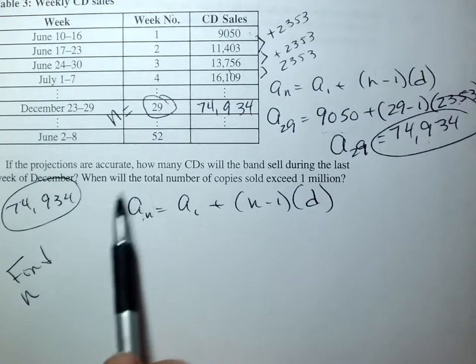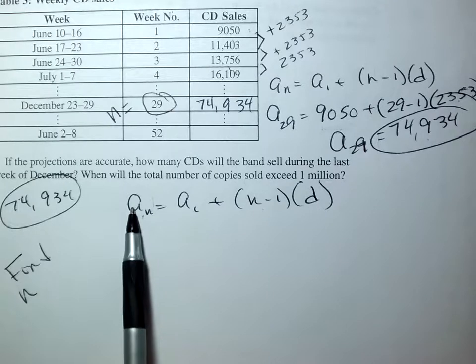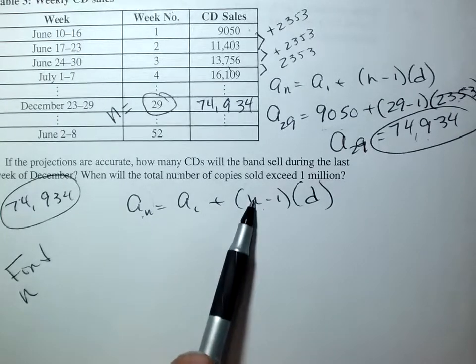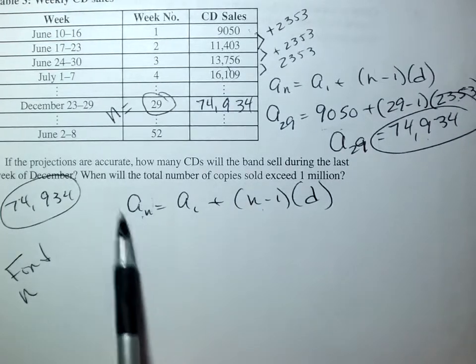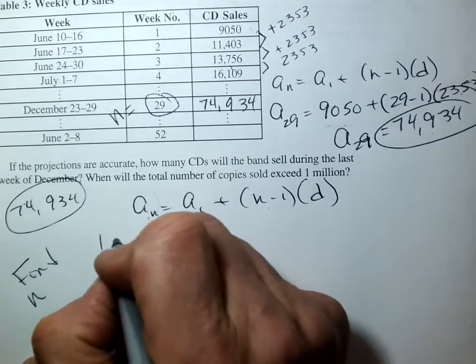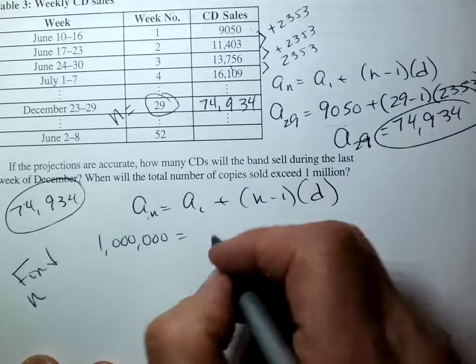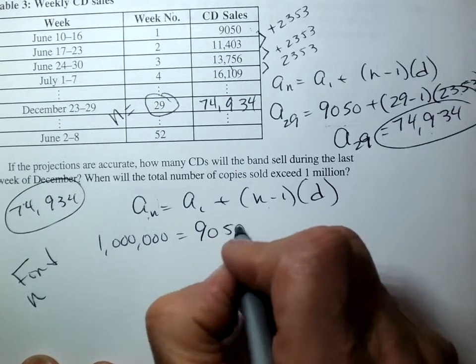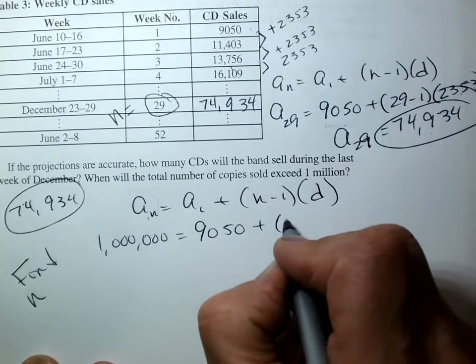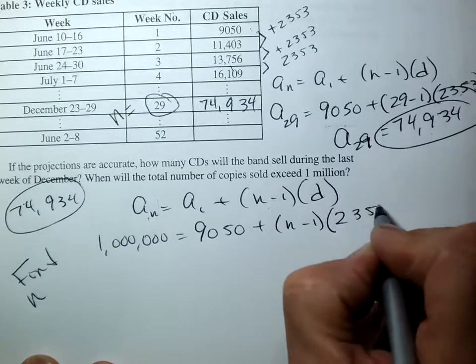I'm going to put 1 million here because that's what I want to find. How many weeks is it going to take to make 1 million? So 1 million equals the first term again, 9,050, plus n minus 1, and we know d is 2,353.